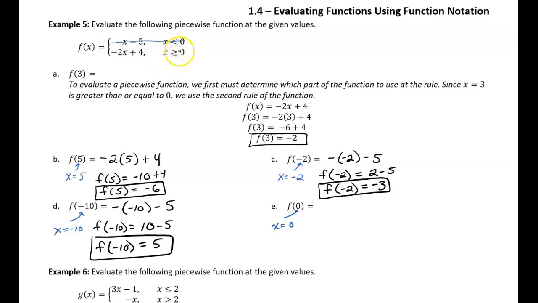But is x greater than or equal to 0? Well, it's not greater than, but it is equal. I do have that equality on that symbol there. So yes, I am going to use my second rule. And when we plug in 0 into our skeleton, we'll have negative 2 times 0. Well, that's just 0. 0 plus 4 gives me 4.